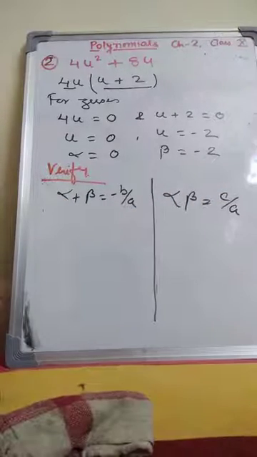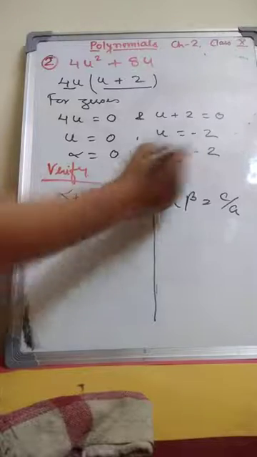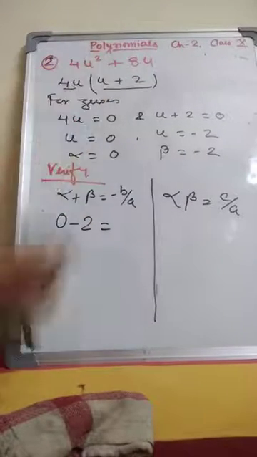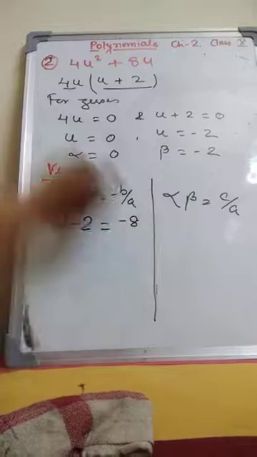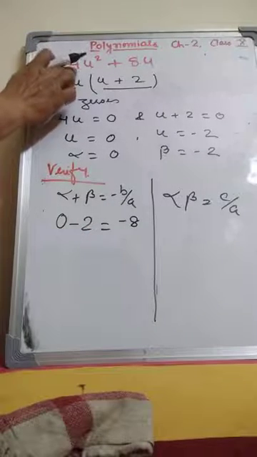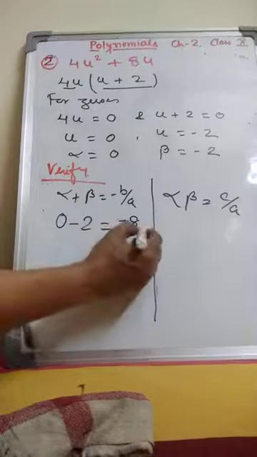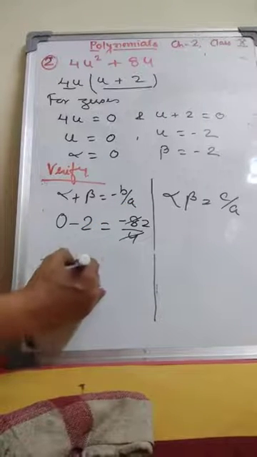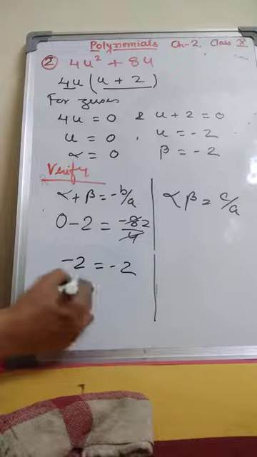What is alpha? 0. What is beta? Minus 2. What is b here? b here is 8, so minus b is minus 8. What is a here? That is the coefficient of u square, that is 4. 4 and 8 will be cancelled. Then minus 2 is equal to minus 2.